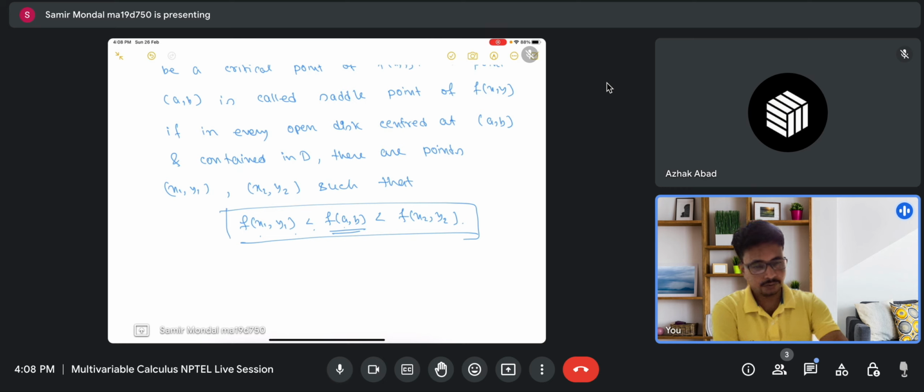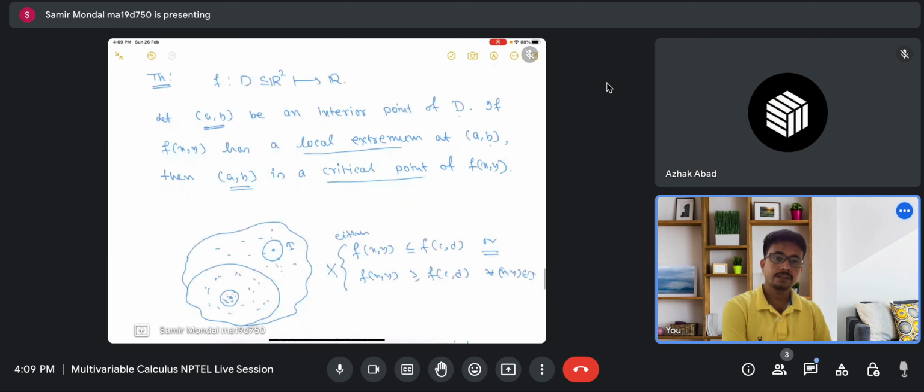So till now we get the critical points. From the critical points we get two subsets: the critical point set is the union of two subsets, one is points of local extrema, one is saddle points. We are mainly interested in finding the local extrema, but sometimes we are also interested in finding saddle points.